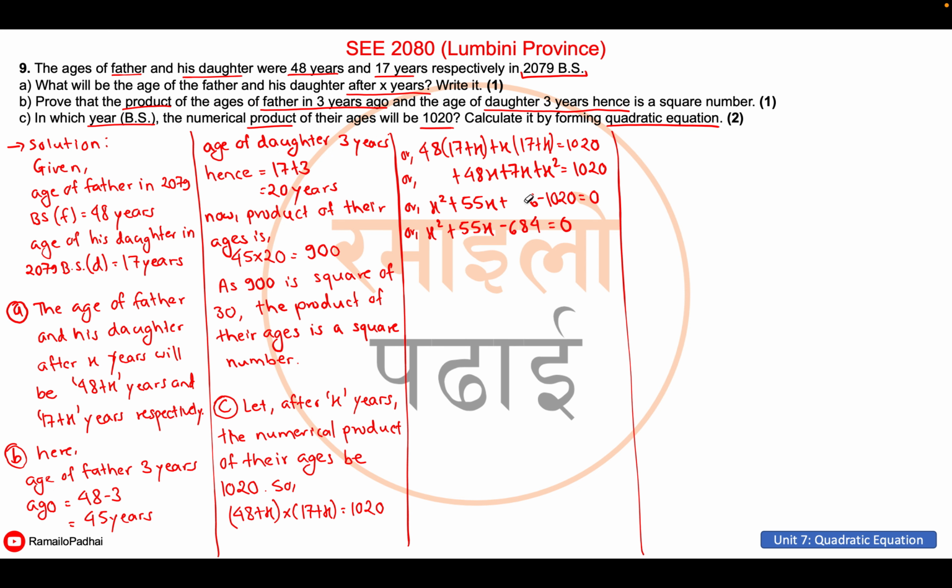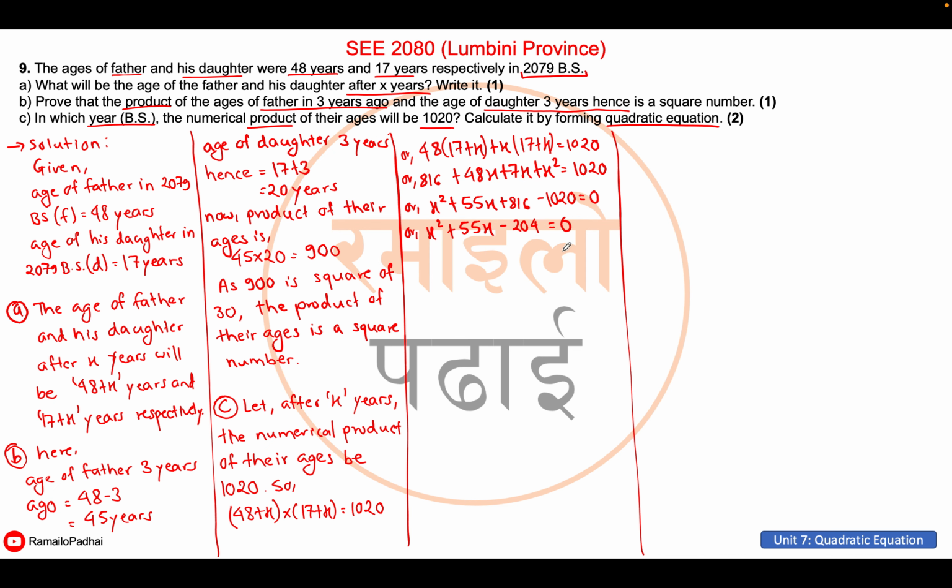Okay, so 48 times 17 will be 816. So 816 minus 1020 will be minus 204. Okay, I want two numbers whose difference is 54 because it is minus, and their product is 204. So let me just search 58 times 3, how much is that? 174. 59 times 4, 236.